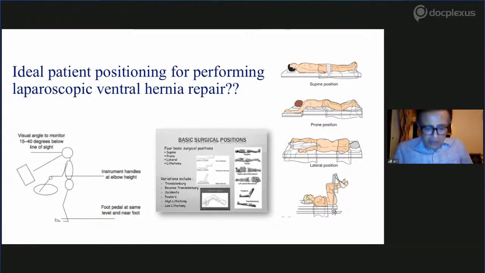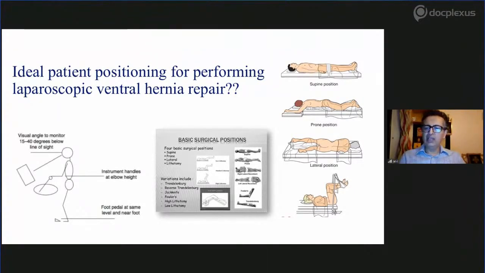Yeah, in fact, my question is to Rahul and those people who do quite a lot of the E-TEPs. What I believe is the best position for an E-TEP is one where the tummy of the patient is the highest, where there is a break in your table at the level of the umbilicus, so that it becomes more prominent.